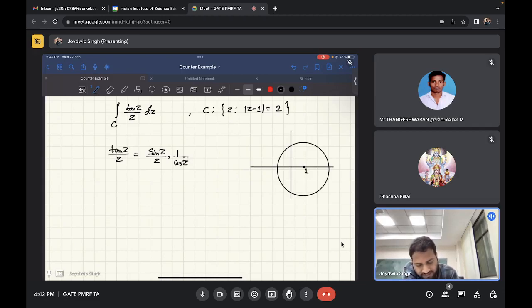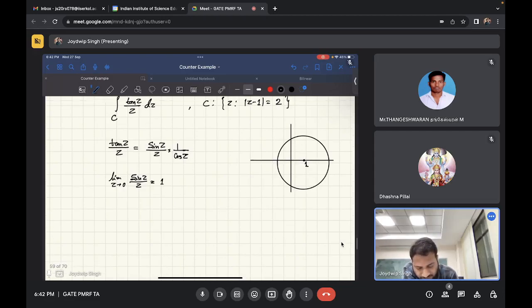Note that z equals 0 is not a singularity, it is a removable singularity, because the limit as z tends to 0 of sin z by z exists and gives the value 1.